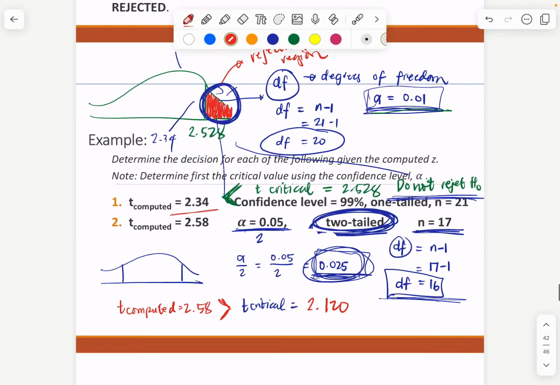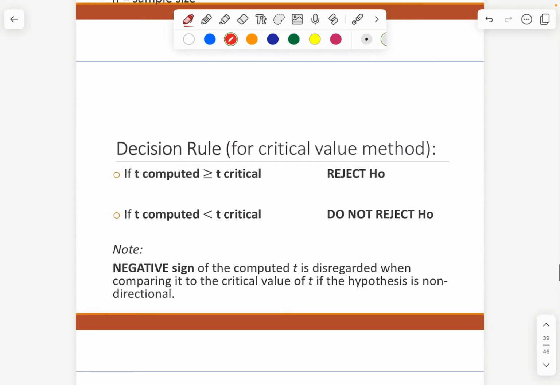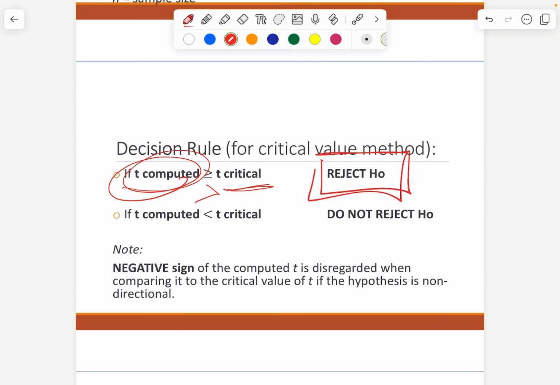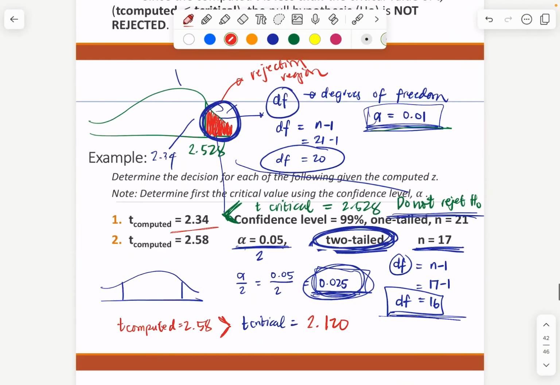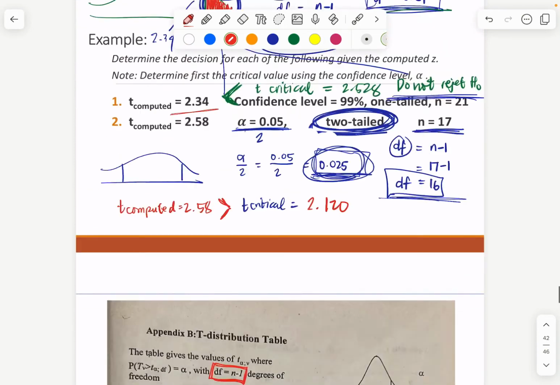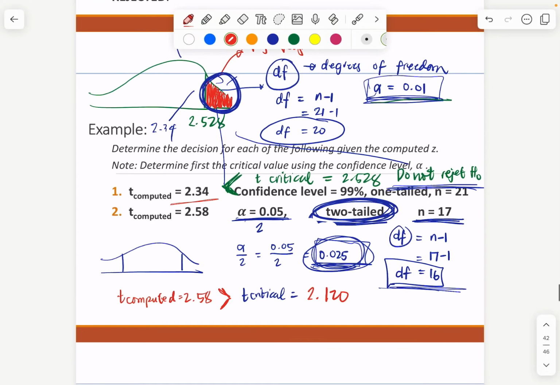What is greater? The T computed. So, let's go to the decision rule. It states here that if the T computed is greater than our T critical, we have to reject the null hypothesis. So, you are correct. Our decision here is to reject the null hypothesis.